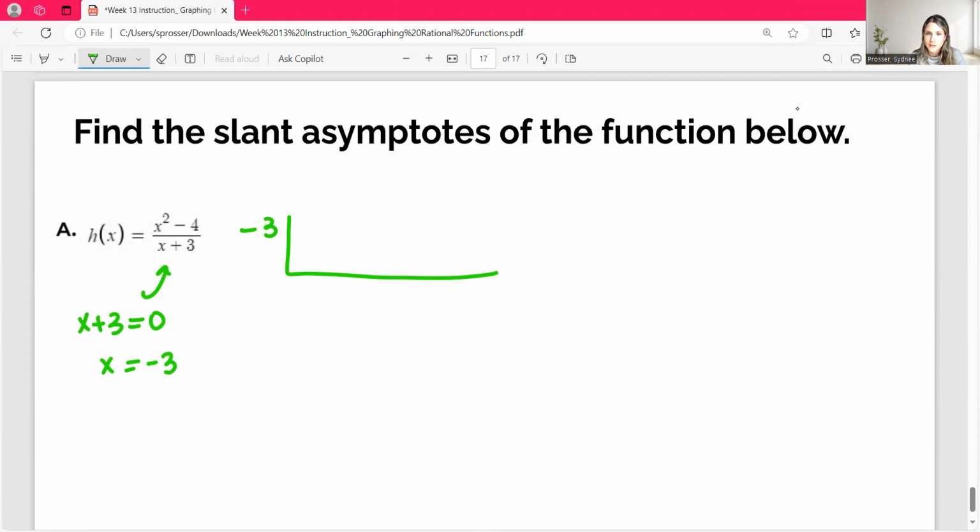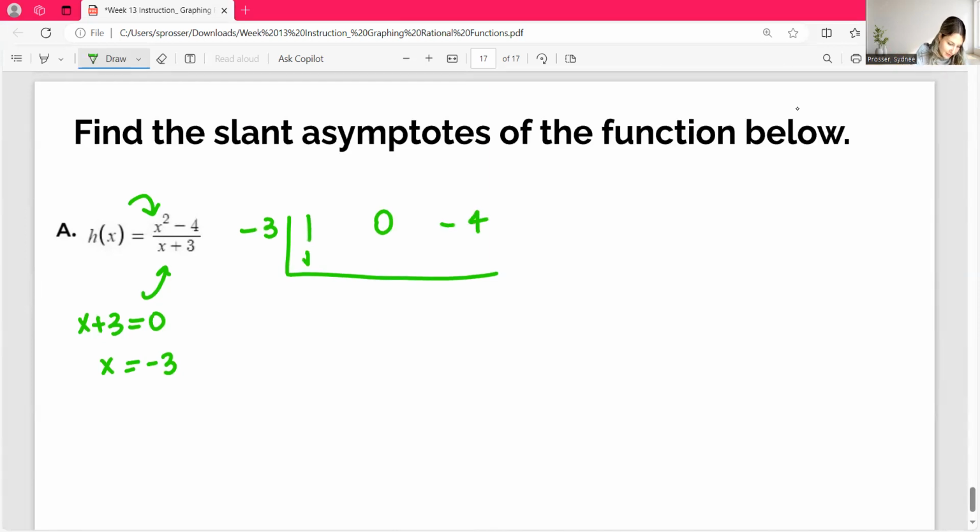We've already learned how to do synthetic division, so I'm not going to walk through this precisely. So our a value in the front of our synthetic division is a -3. We're going to fill in the middle part with x squared minus 4. Our leading coefficient is 1. We do need a 0 placeholder because we're missing the x term, and then we've got -4.